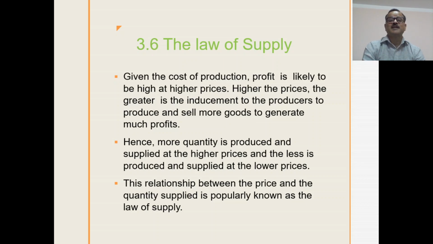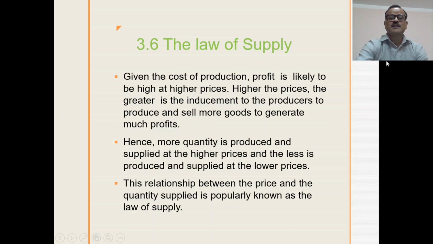So at a high price, there is a high chance of getting more profit. That is a kind of inducement to the producer. At higher prices, they are induced to produce more goods and sell them in the market at the highest price, and then there is a chance of getting much profit at the rising price.